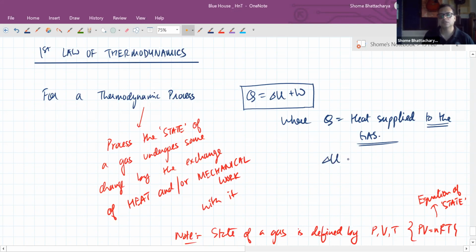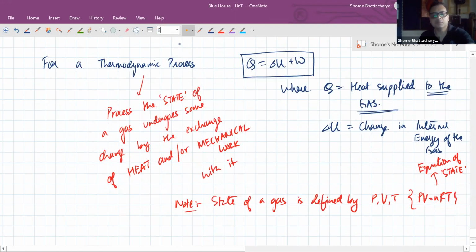Delta U, as you might have guessed, is the change in internal energy of the gas. And that is why I said that we've already done one part of the first law, because we've understood the formula for internal energy. And equally important, W is the work done by the gas.